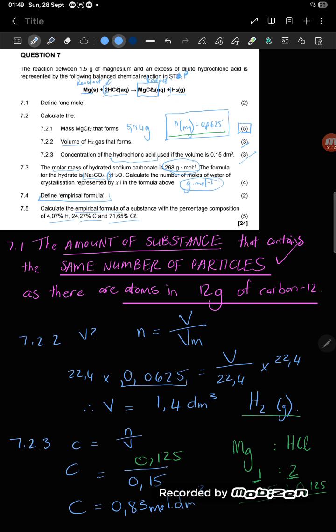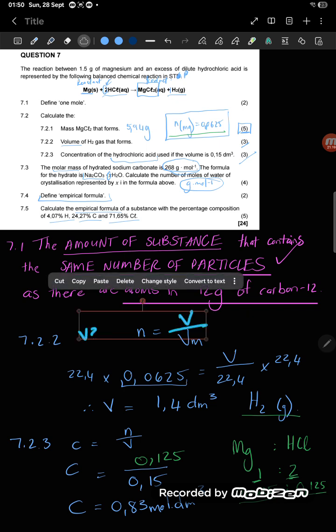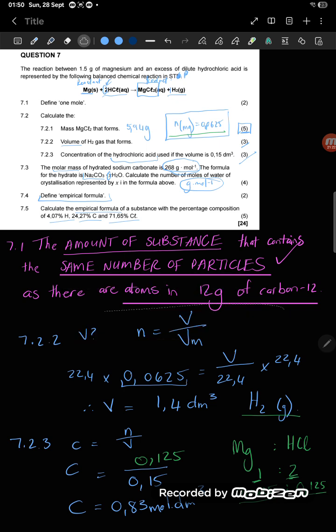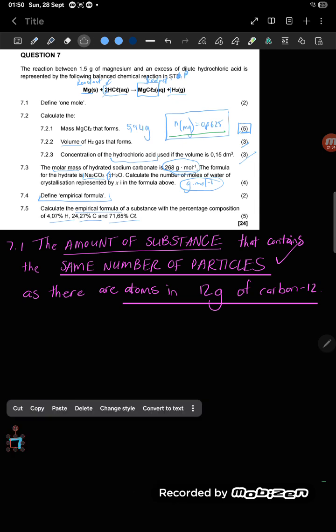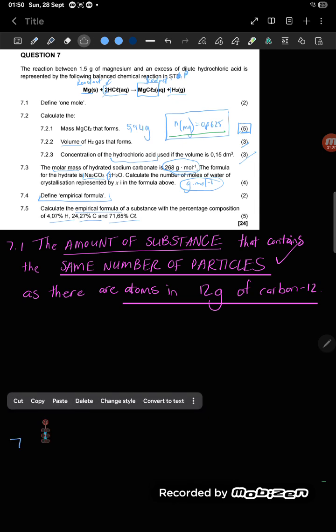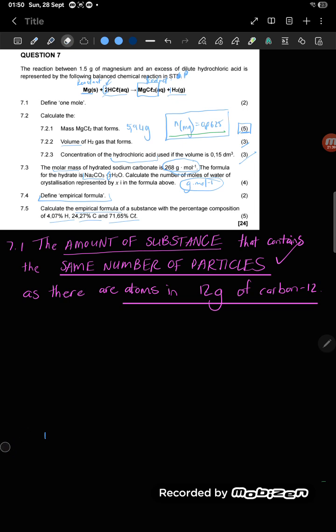Okay. The molar mass of, is it the same thing? No, it's different. The molar mass of hydrated sodium carbonate is 268.